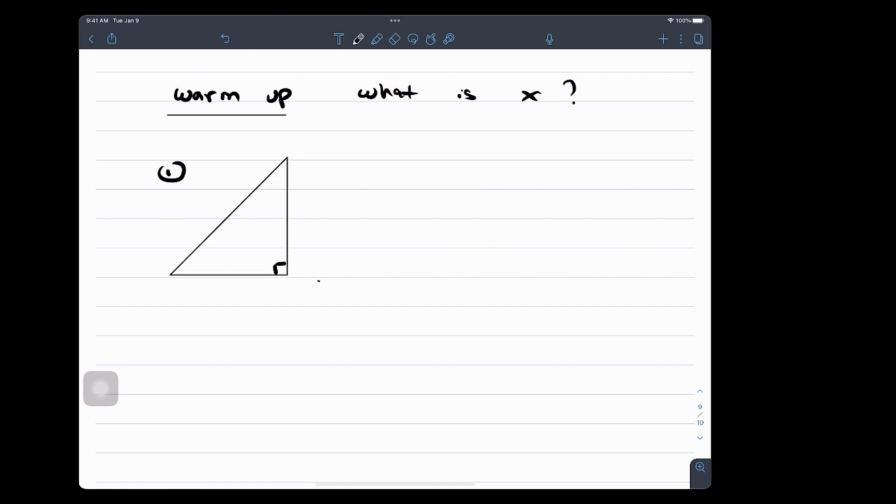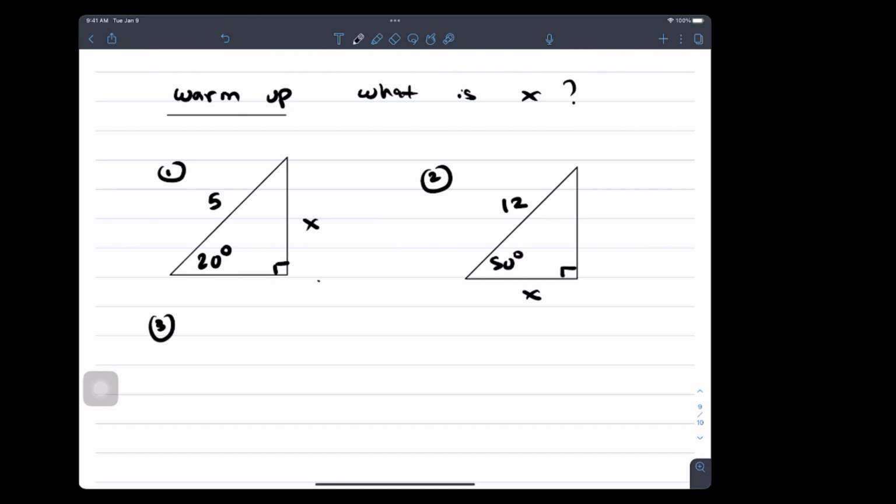And I'll give you right triangles. 20 degrees, X, and 5, 2. 50 degrees, X, and 12, 3.